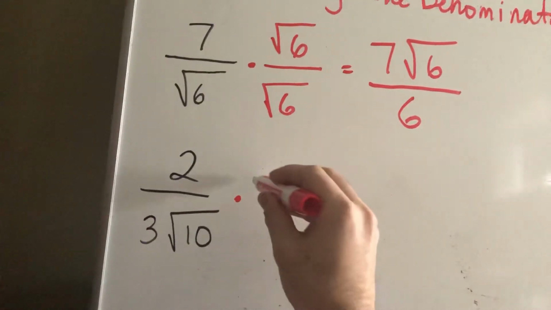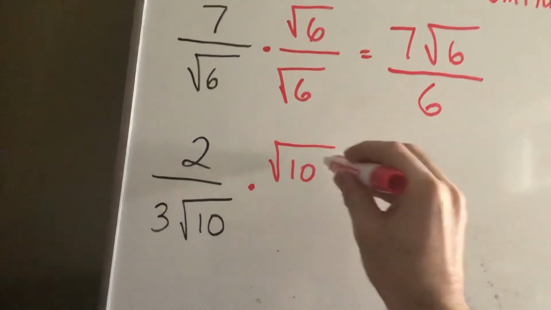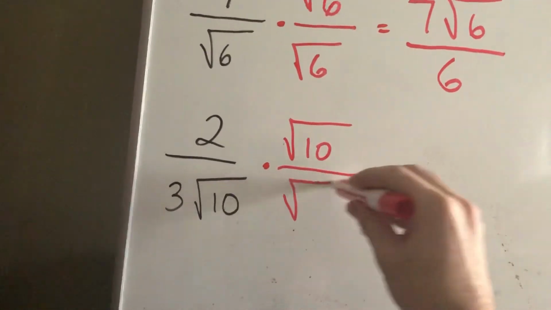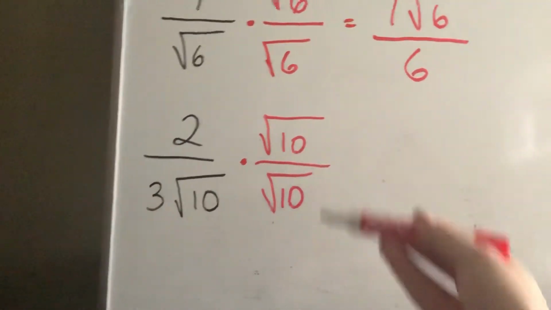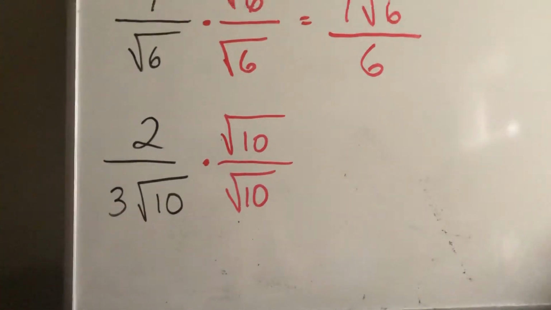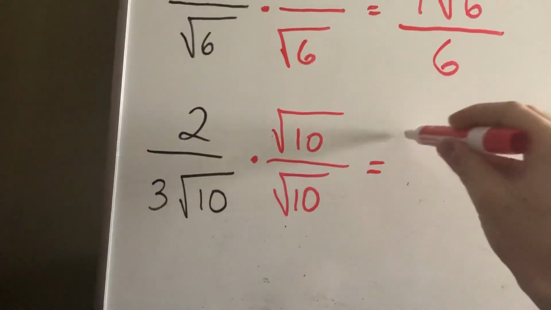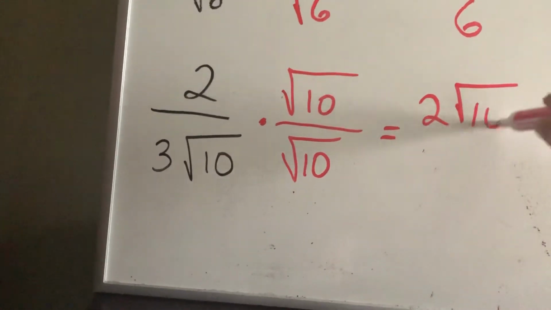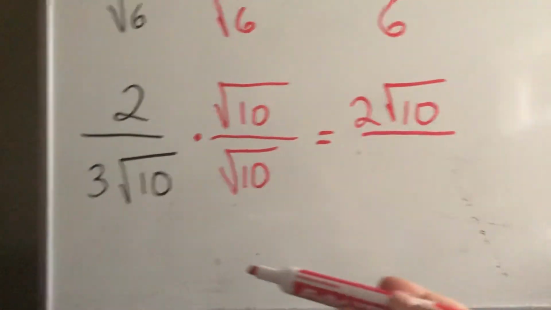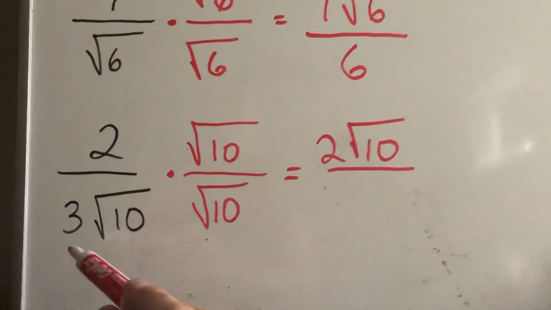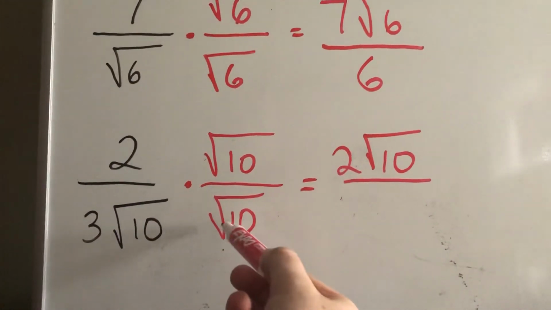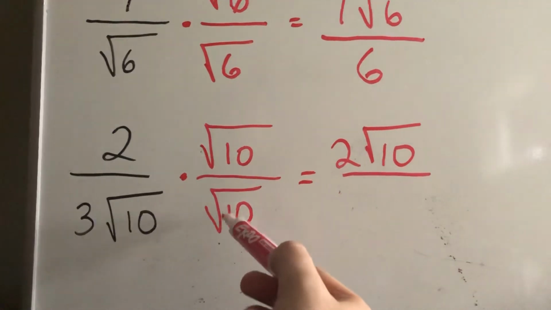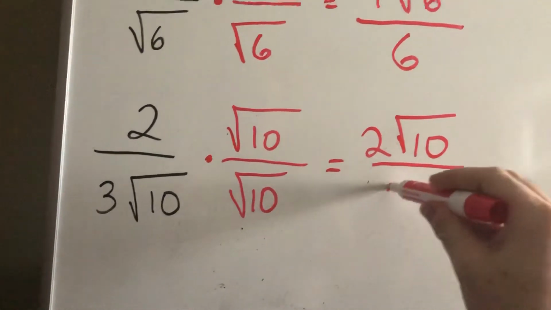And remember, we have to do it to both the numerator and the denominator. This new factor I have created has a value of 1. So numerator, I got 2 root 10. Denominator. Now, you have to consider 3. Root 10 times root 10 is 10. 10 times 3 is going to be 30.